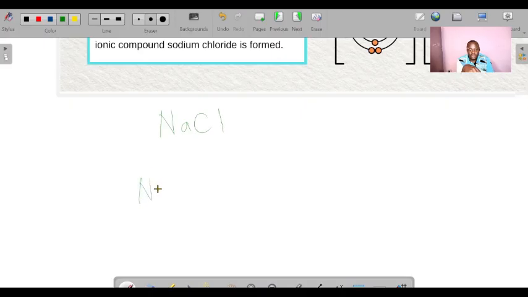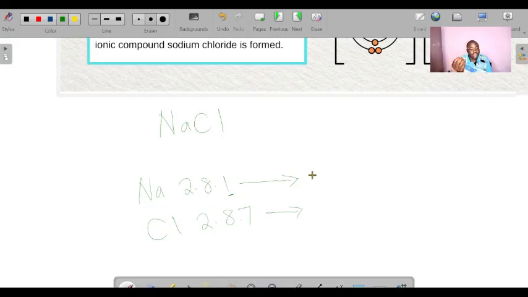So we know that sodium is 2.8.1. Our chlorine is 2.8.7. So for it to become an ion, our sodium must lose its outermost electron. And in the process, the occupied energy level is lost.